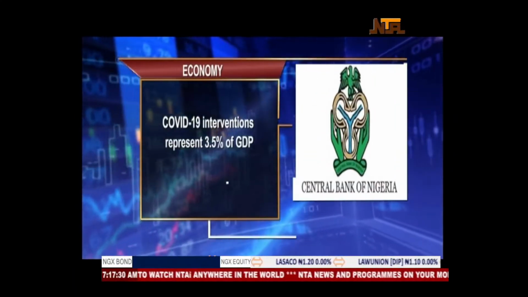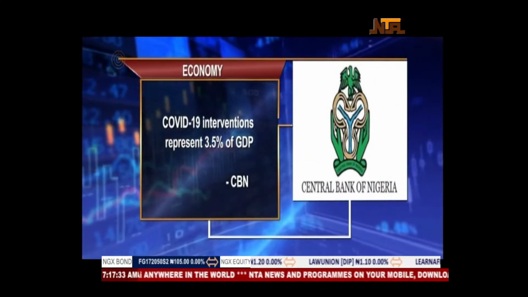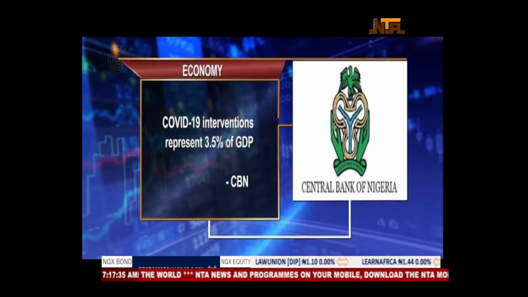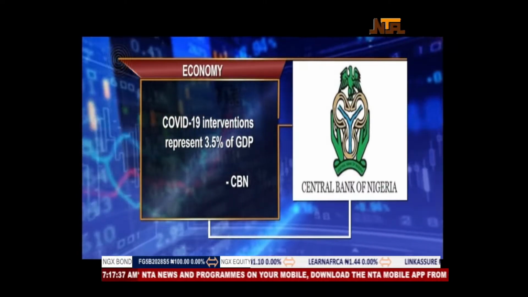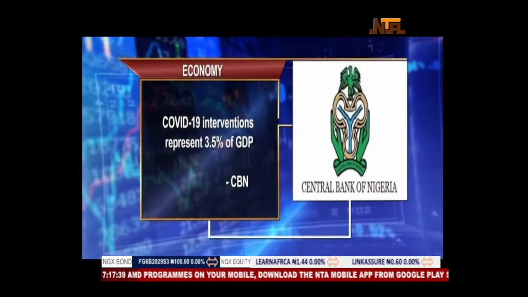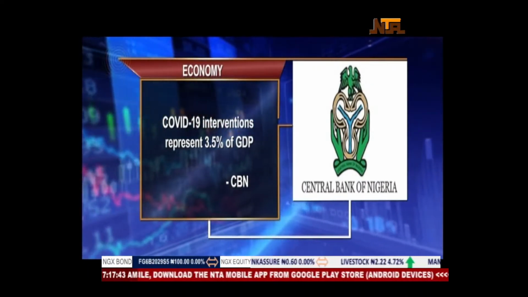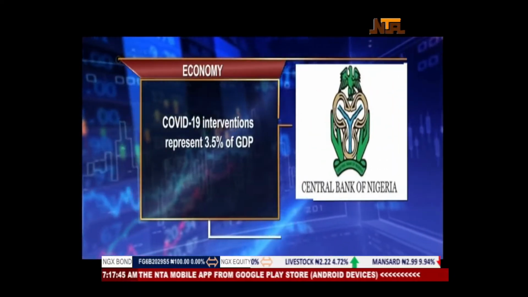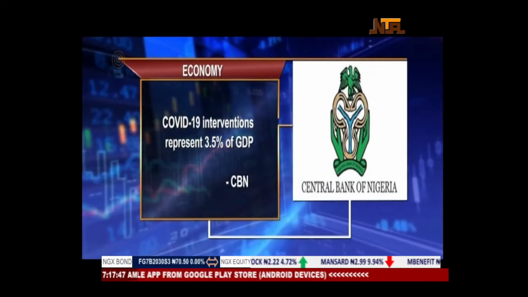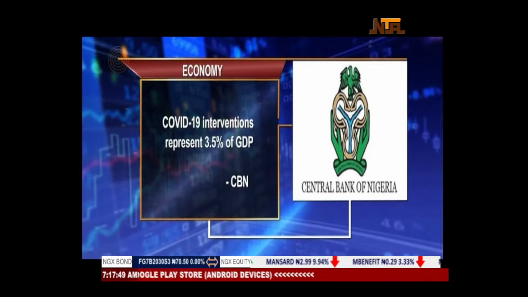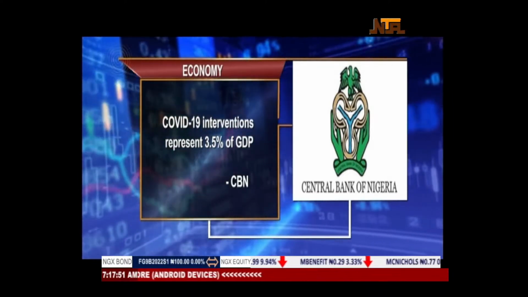Speaking at the 30th Annual Conference of Finance Reporters in Lagos on Saturday, Emefiele, represented by the bank spokesperson, Osita Nwanisobi, said given the above consequences of the COVID-19 pandemic on key economic variables, the CBN took a number of measures to mitigate the long-term effects on the growth prospects of the economy.